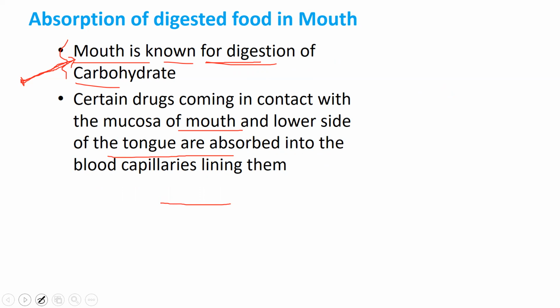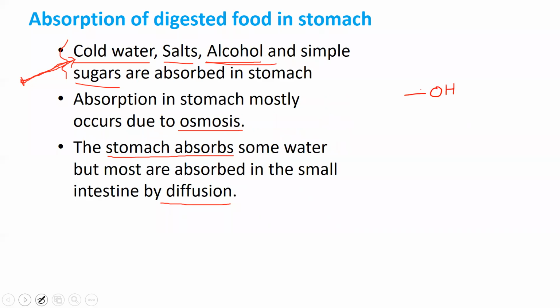Right sir. So complete digestion never happens. Complete digestion is going to happen in the small intestine only. Okay. Yes sir. Done. Shall I move? Yes sir. Noted this slide also. Bhavya, done? Yes.